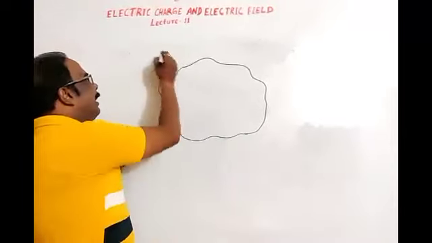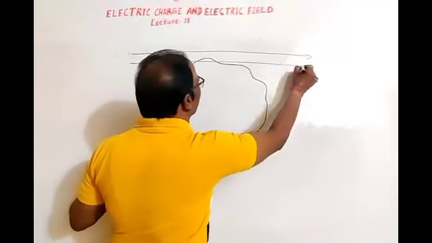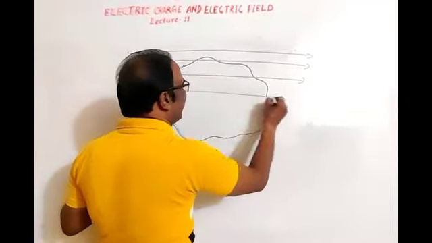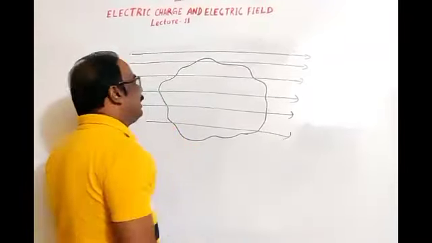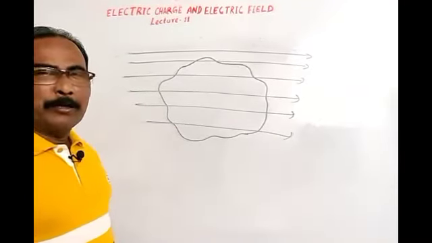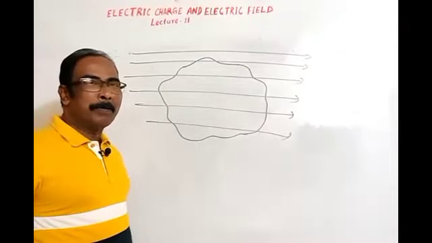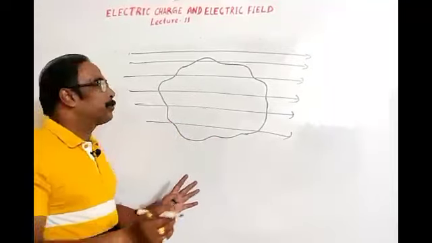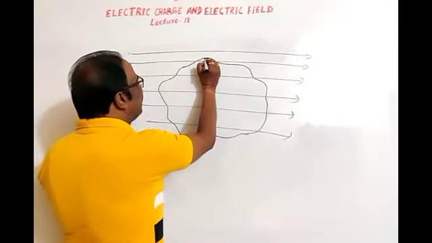This is the electric field. Let's consider 3 points, meaning 3 elemental areas on the surface of an irregular body. Let's consider this is an elemental area.